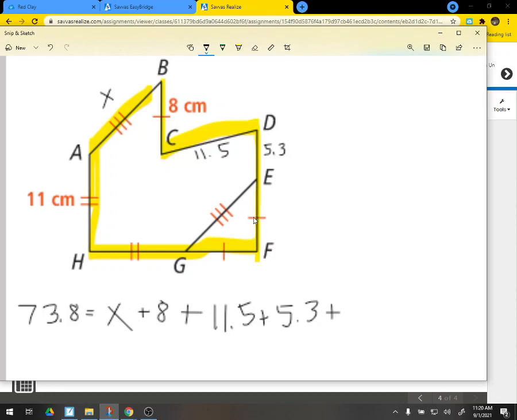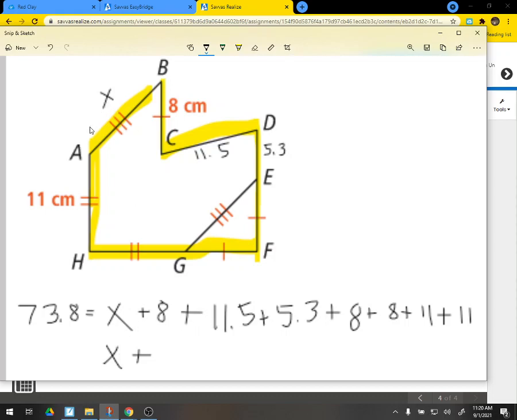Oh, that's congruent with the other single line, right? 8 plus another 8 plus double line. Double line's 11, okay, plus 11 plus another 11. Yes, of course you could write this more cleanly. But then, so it's going to be x plus whatever all that is, then you can find out what x is.